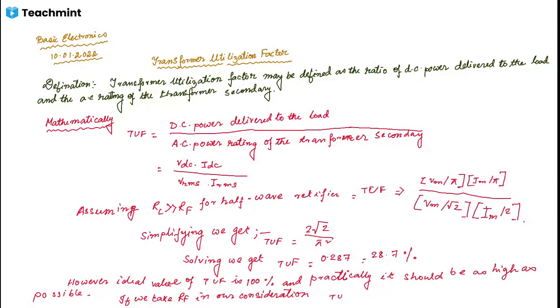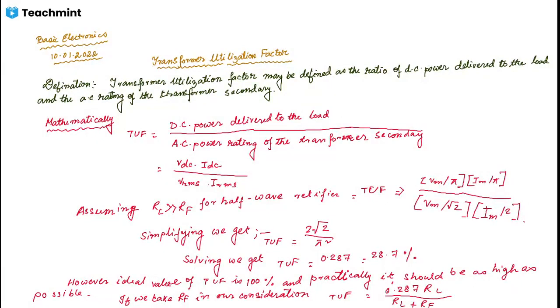TUF equals 0.287 RL by RL into I, RL plus RL.